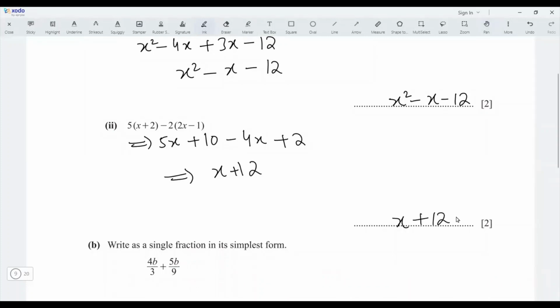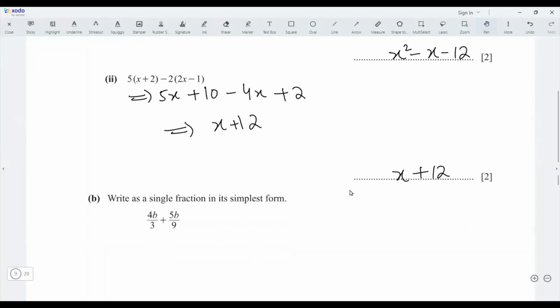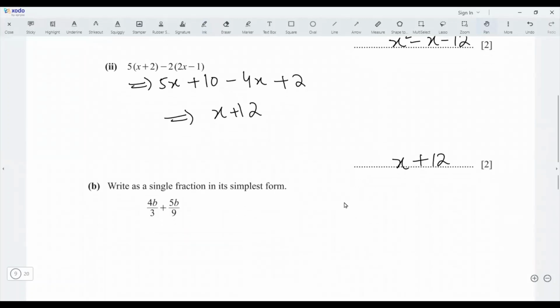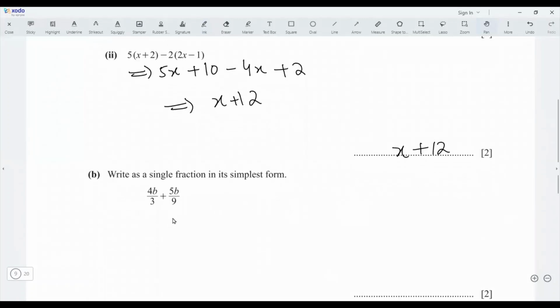Moving ahead to the next question related to algebraic fractions, how to simplify and make them a single fraction. You can see 3 and 9's LCM is 9. So multiplying the first fraction with 3 and dividing as well. 3 times 4 is 12b over 9 plus 5b over 9. So the denominators are same.